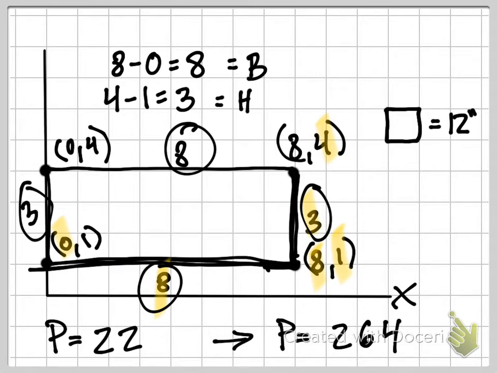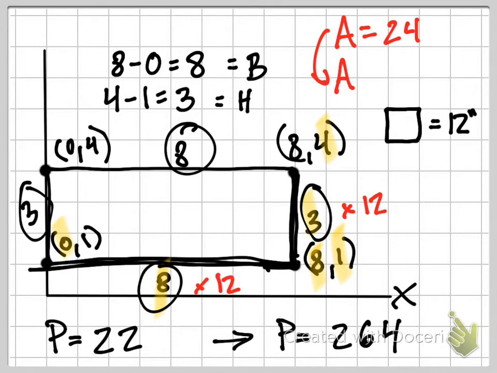Now I've got a question for you. What about area? Just to refresh, what is the area of this shape? 24. But now each block is equal to 12. So I'm multiplying each of those sides by 12, right? Just like I did before to find my perimeter.